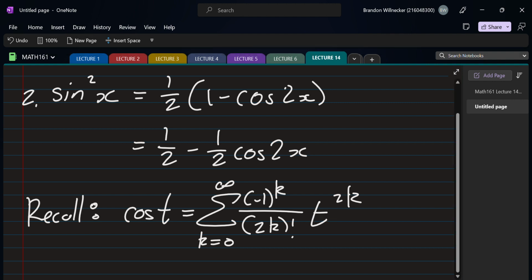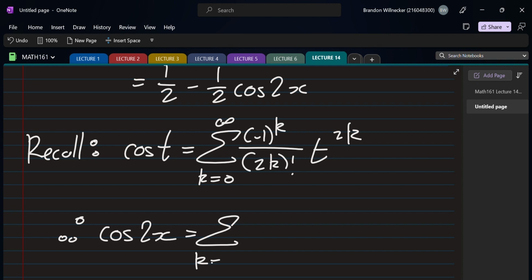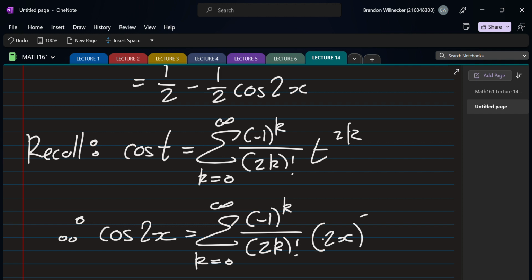So that's cos of t. If we want cos of 2x, we can just substitute 2x. So cos of 2x, exactly the same, k equals 0 to infinity, (-1)^k over (2k)!, (2x) to the 2k. So I've just substituted.